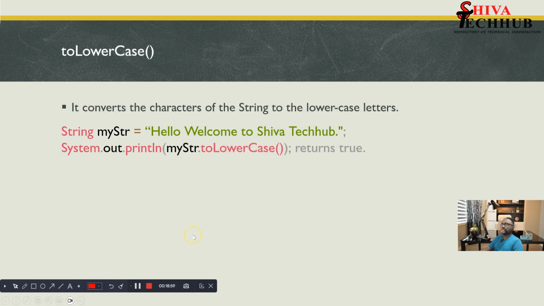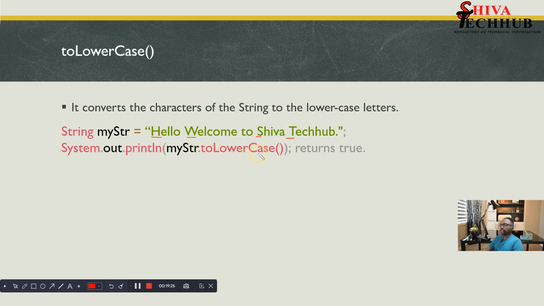So then we'll be looking at the toLowerCase function. The toLowerCase function is used to convert all the characters into lowercase. So for example, in this particular main string, H is in uppercase, W is in lowercase, S is in uppercase, and T is in uppercase. So whatever I have marked is in uppercase.